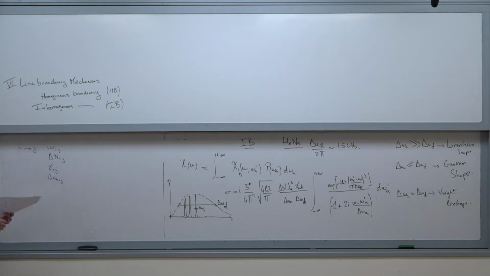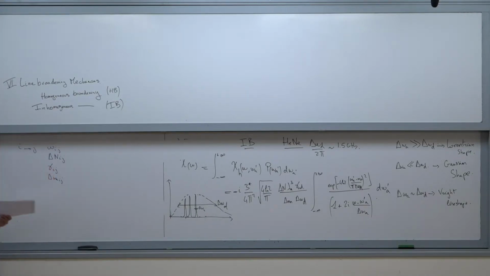And the final generalization that I want to make is that instead of having many levels and many transitions, you may have what is called degeneracy. That means that you may have different transitions between two levels.